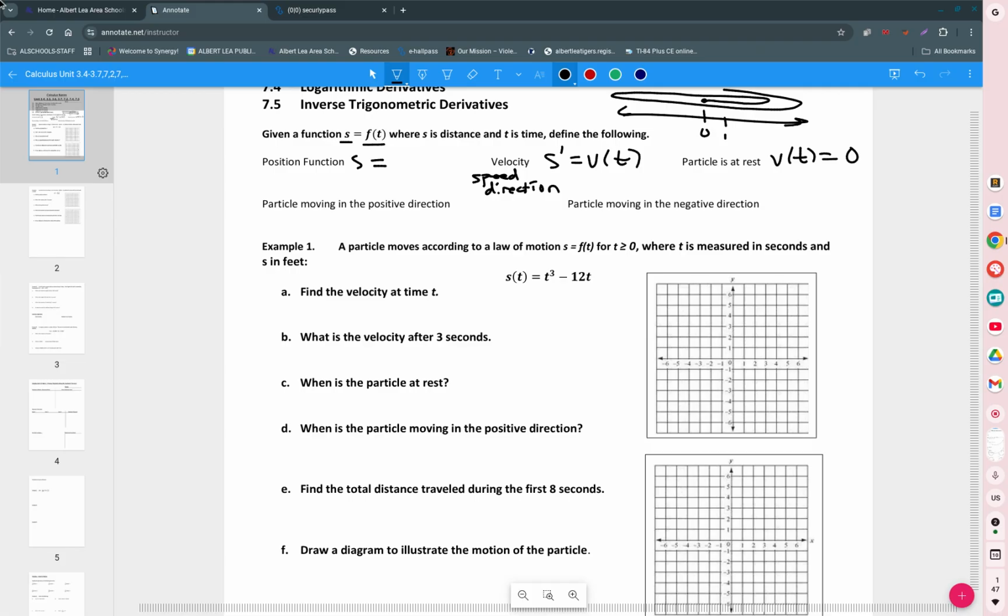We say the particle is moving in the positive direction, or to the right, when v of t is greater than 0, and in the negative direction, or to the left, when the velocity function is less than 0. So velocity, or the derivative, tells us a lot about the nature of the function.